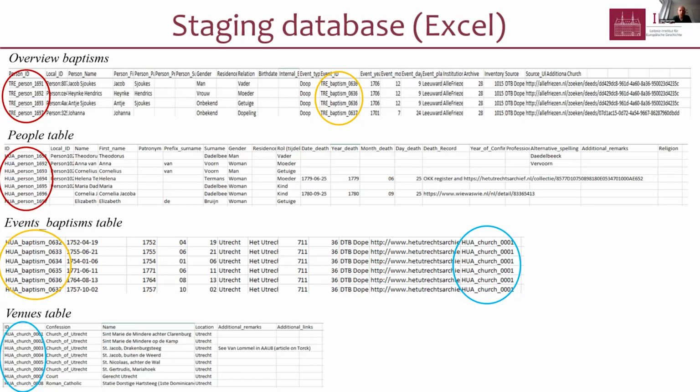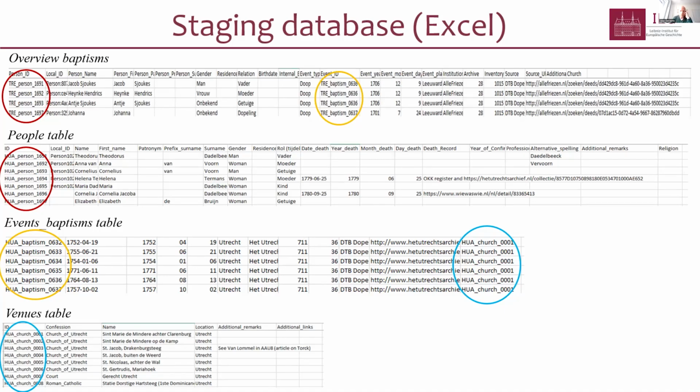The ID of the baptism in this case refers to the event's baptism table, where I gather the information about the baptisms, and also specify in which church a baptism took place, which then links to the venues table, where I gather more information about these churches. So via a system of primary and secondary keys, like is usual in a relational database, I linked different tables, different spreadsheets in this staging database together.